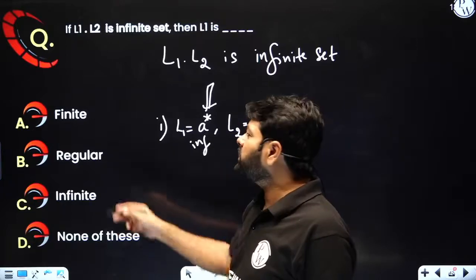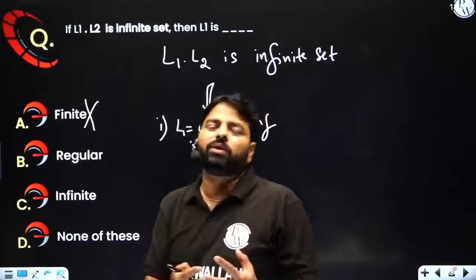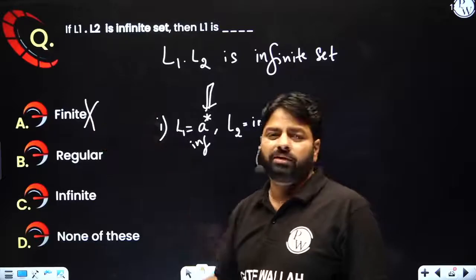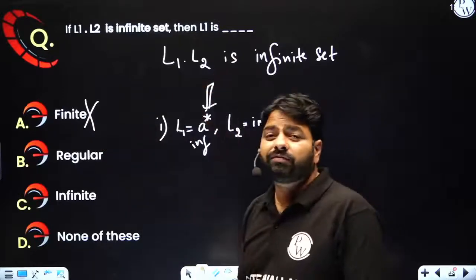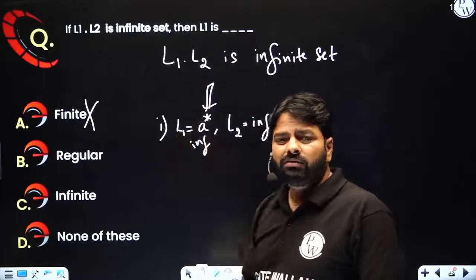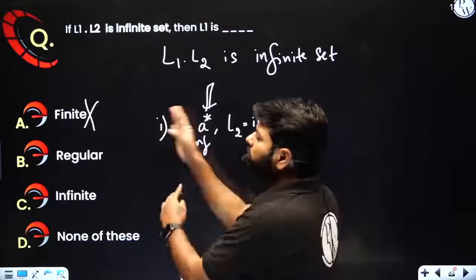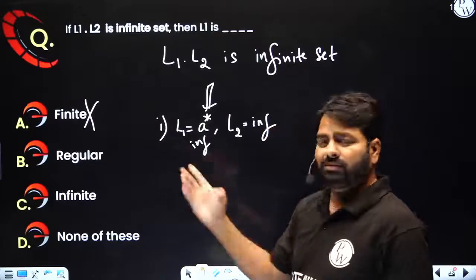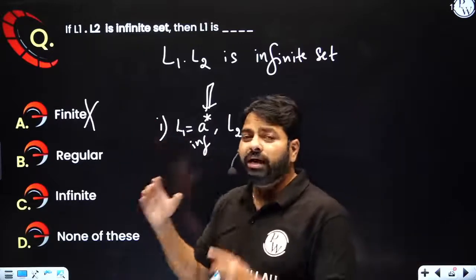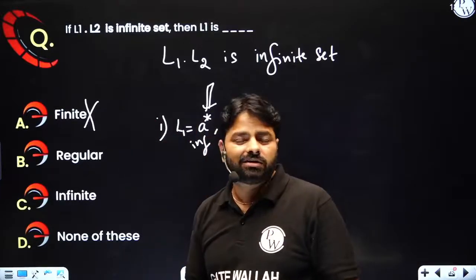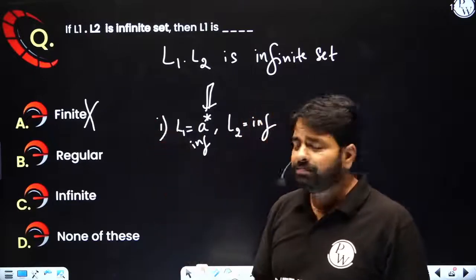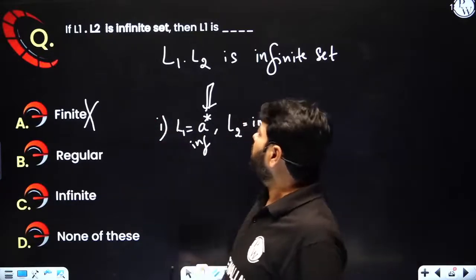It means that option A is wrong. I'm trying to produce a counter example rather than thinking about finite, because infinite examples are there for finite. L1 as a finite, then we may not get the proper conclusion. So I always go for the counter example to delete it. Okay, we are not able to delete the option A, means there could be a generalized reason why this option A is correct.